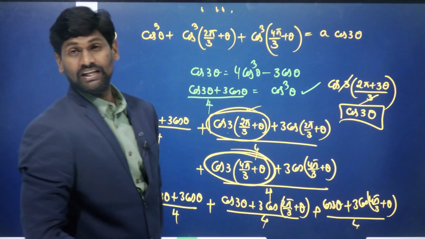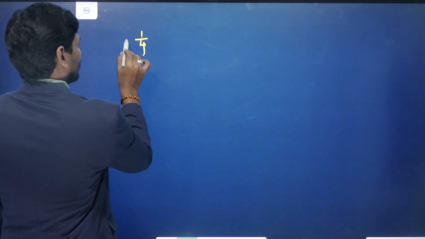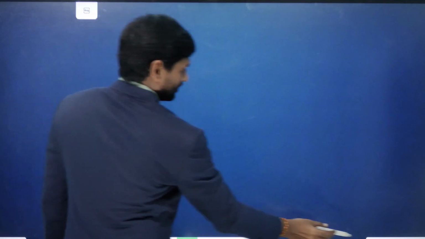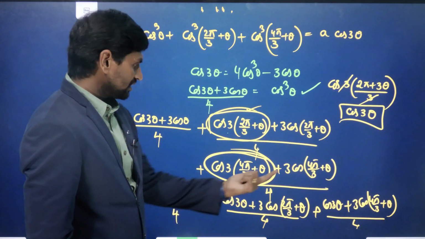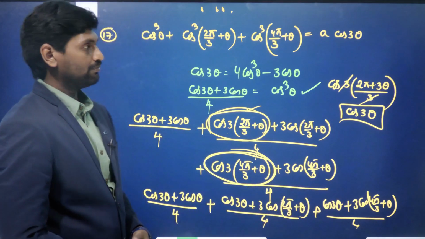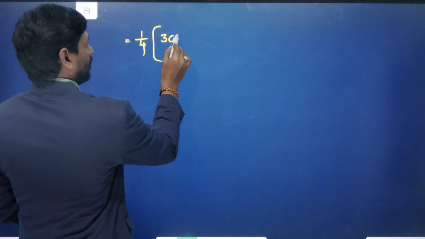All are having the same denominator 4. We can take 1 by 4 as a common term. From the first term cos 3 theta, second term cos 3 theta, third term also cos 3 theta is available. So 3 times is there. We can write 3 times cos 3 theta.